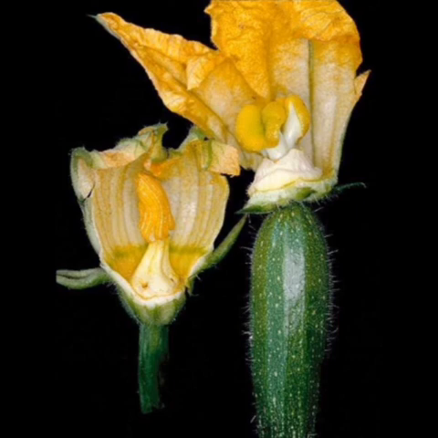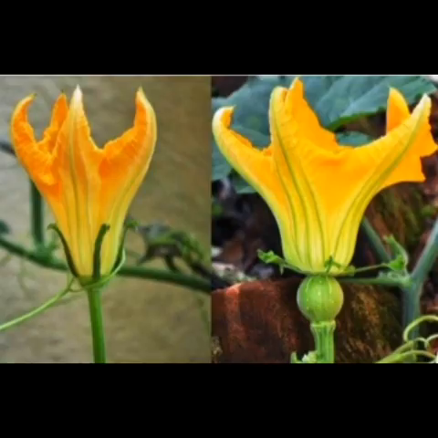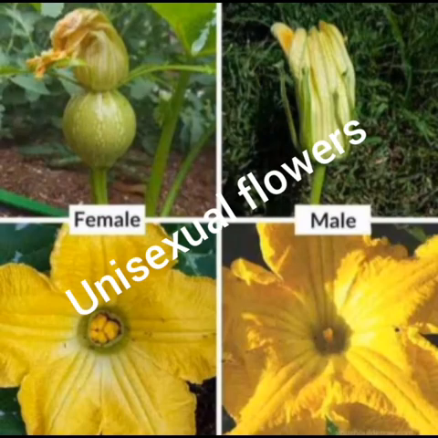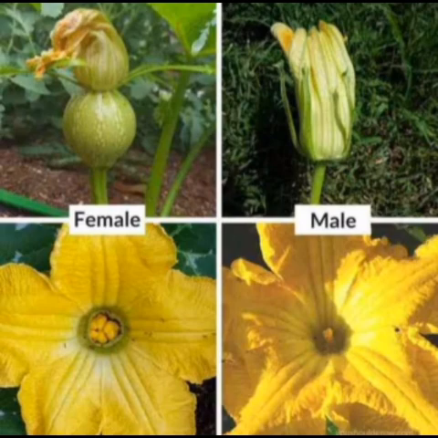That is, these flowers have either stamen or pistil. They are either male flowers or female flowers. This type of flowers are called unisexual flowers. Uni means one. They have only one reproductive part, either stamen or pistil.